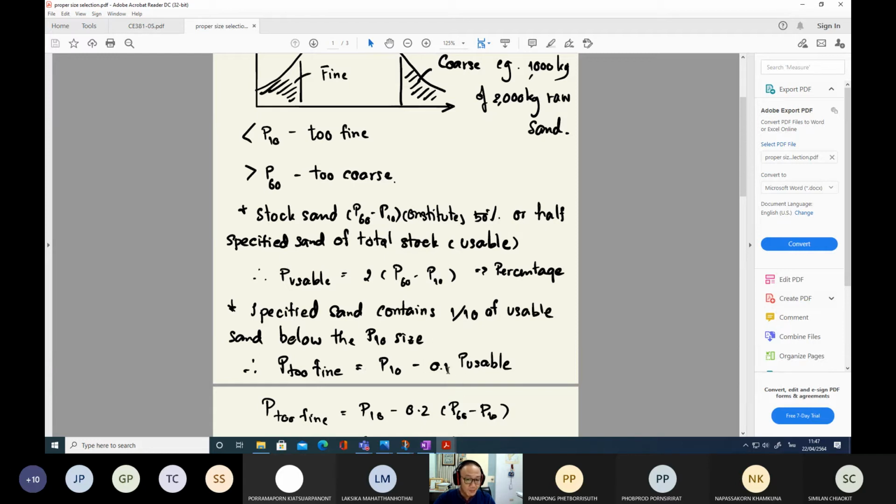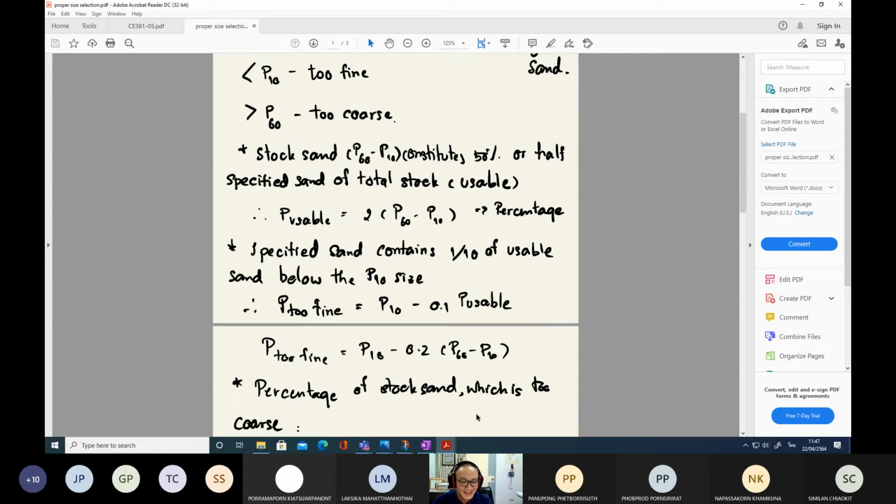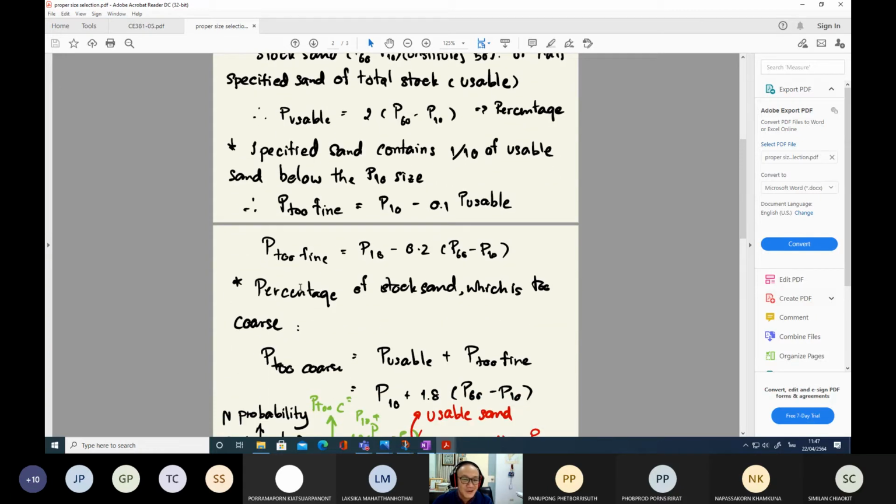And as the P usable is equal to 2 times P60 minus P10, that is why the P25 comes as the P10 minus this one. You just multiply 0.1 with 2, so it becomes 0.2 times P60 minus the P10. Okay, so we have already got the P25.